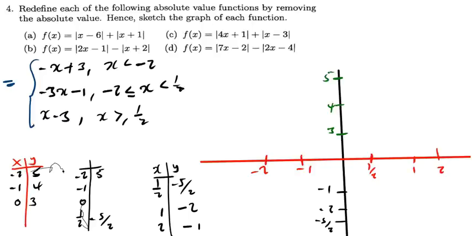So if we are to sketch, let's start with the one in between, because that one requires us to put a line. Negative 2, 5 is here.